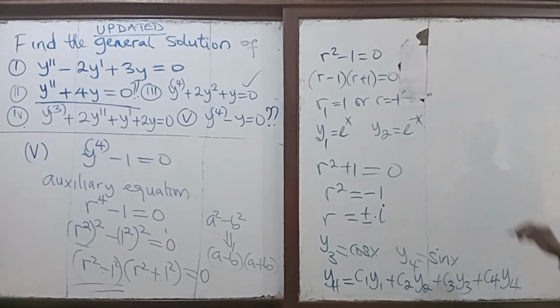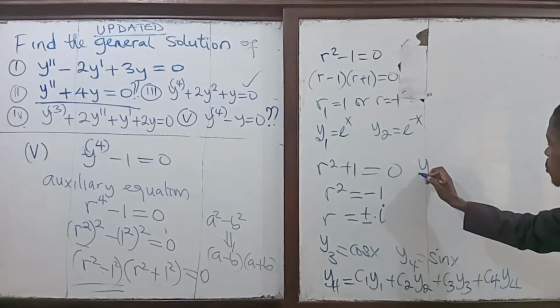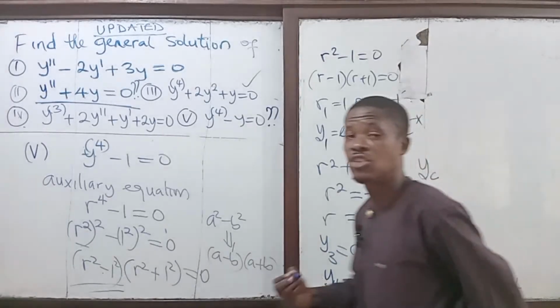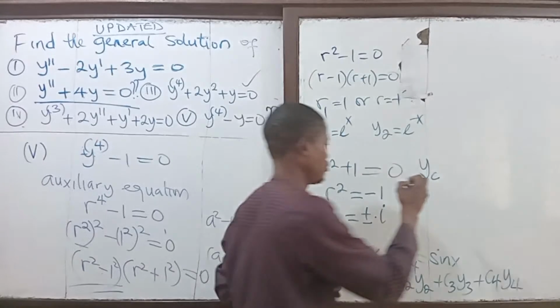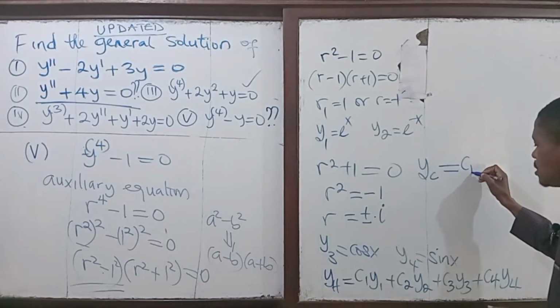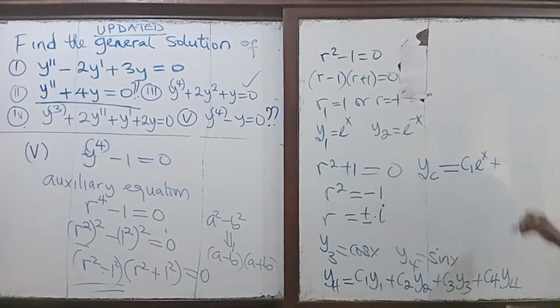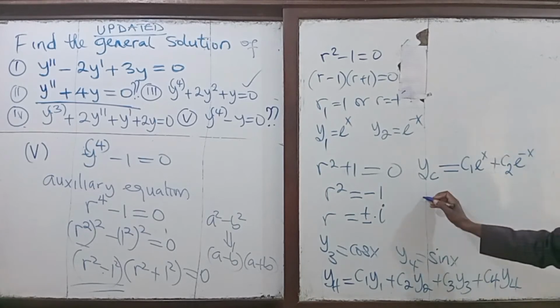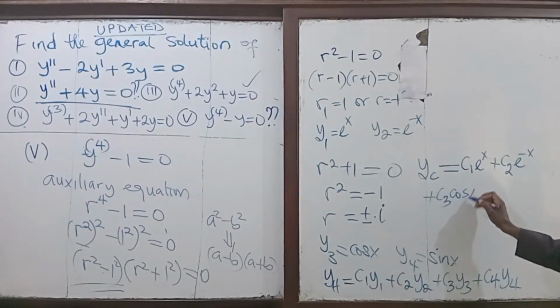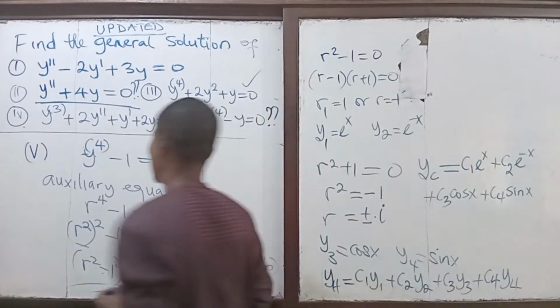And that will give you the complementary solution of the homogeneous equation, which will be equal to c1 e to the power x plus c2 e to the power minus x plus c3 cos x plus c4 sin x. So that's that on that question.